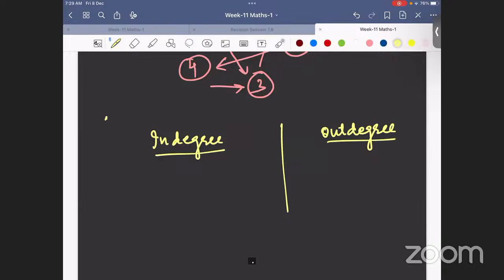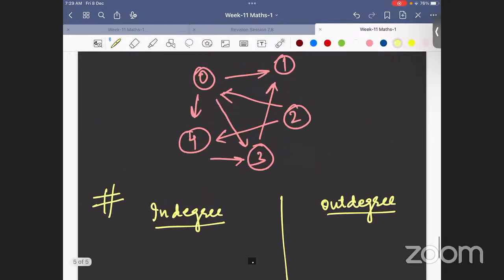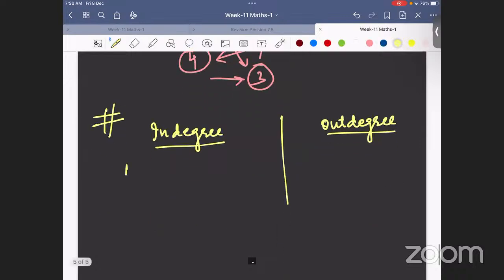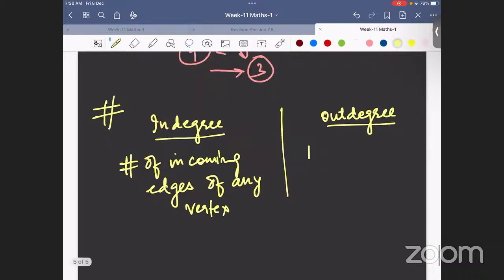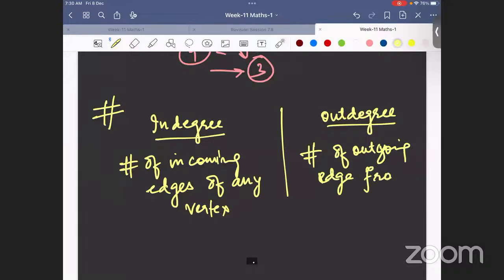Basically, in degree is the number of incoming edges of any vertex. And out degree is the number of outgoing edges for any vertex.